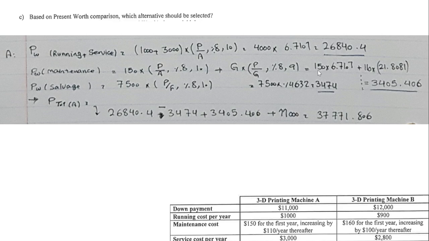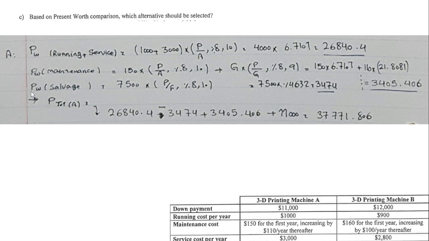And this is the fixed amount, 150 times present over annual. These are simple things. If you check the previous video, I told you how you have to find this value from the compound table, and I explained the question as much as I could. So this is the way you can calculate the present worth of the maintenance.